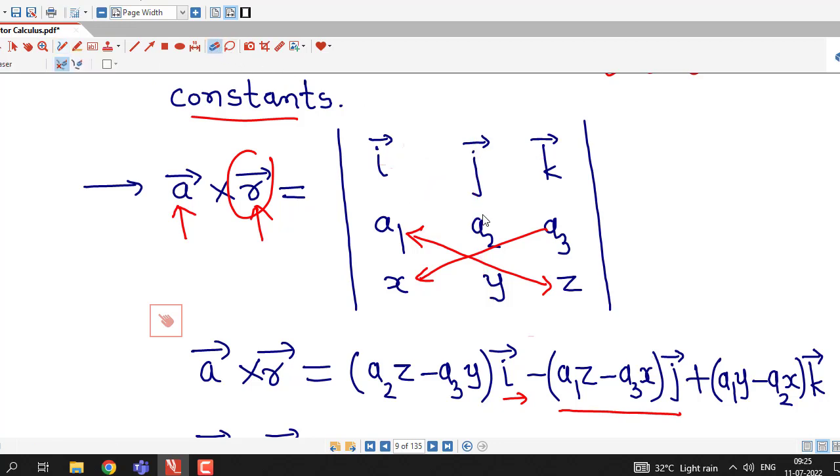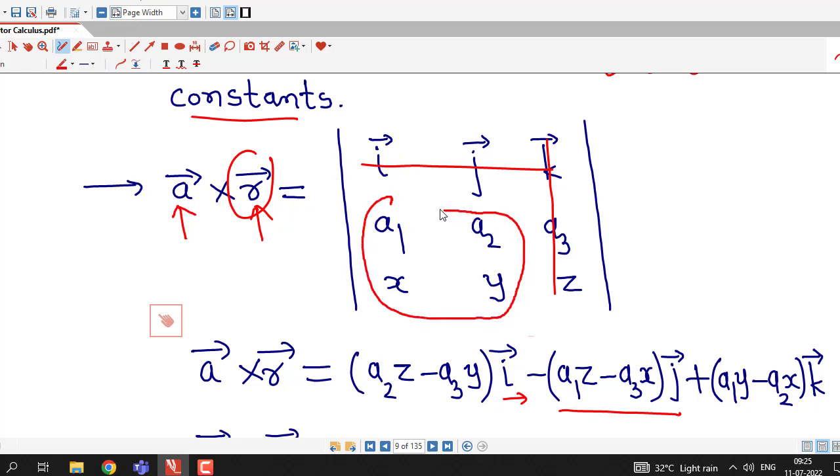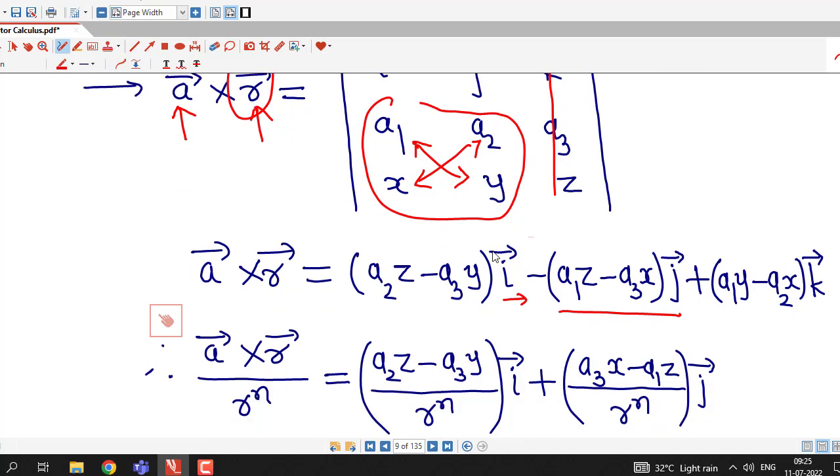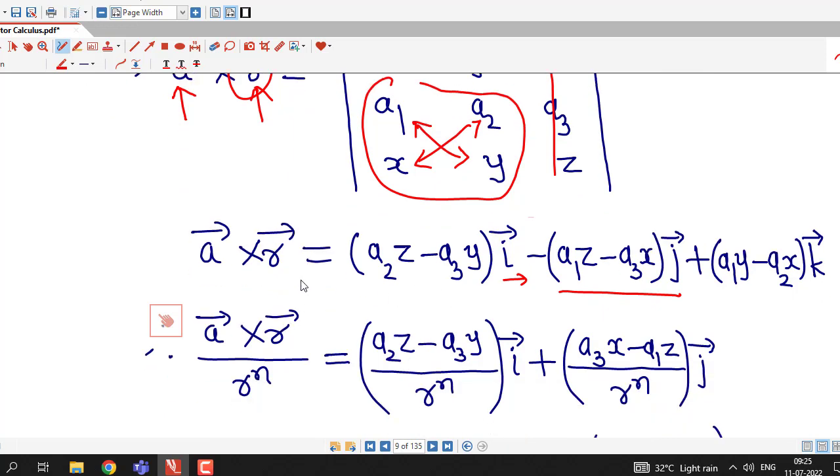And similarly this last vector plus k, so we consider this elimination, and we consider multiplication of vector k with determinant of this matrix which is a1y minus a2x. And now we divide this function which is cross product of a bar and r bar by r to the power n. So each term or each component is divided by r raised to n.